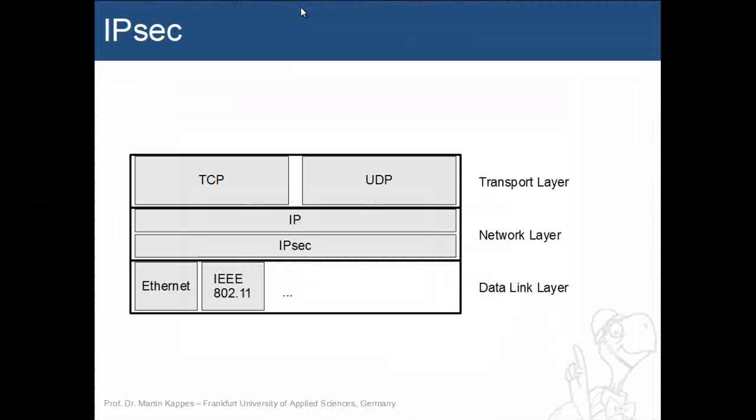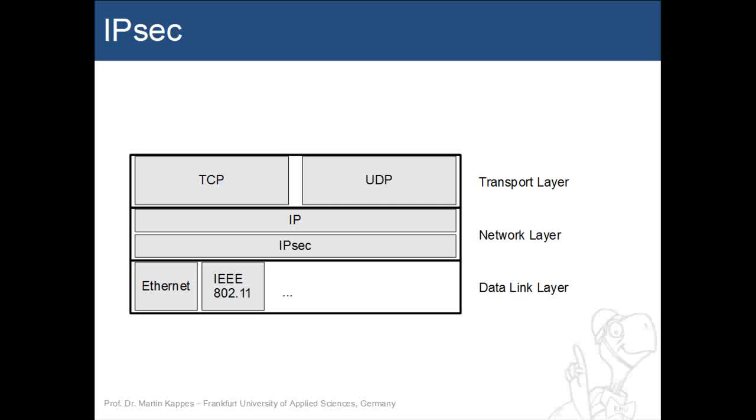So in the following, we are going to look into two particular types of mechanisms for how VPNs can be implemented in practice. And the first we are going to deal with in quite some detail is IPsec. IPsec, IP secure, is specified in IETF RFCs, and IPsec does not only deal with VPNs.